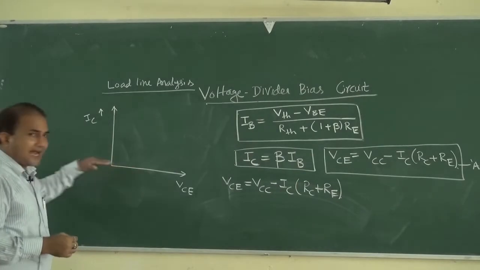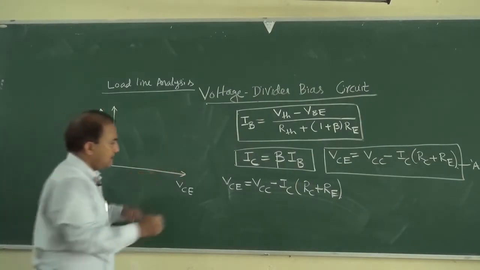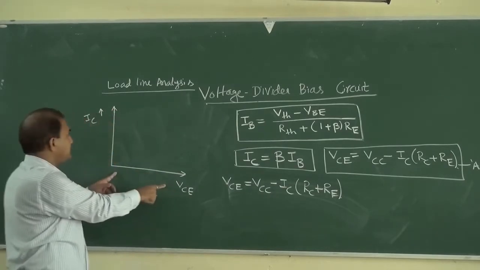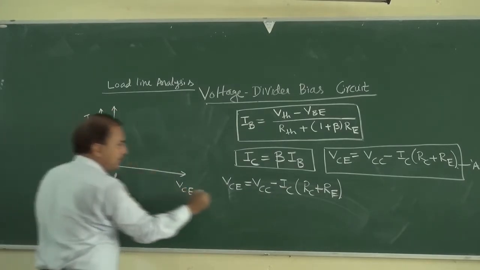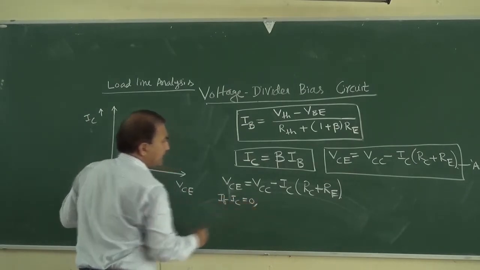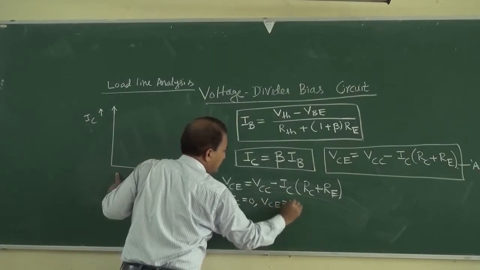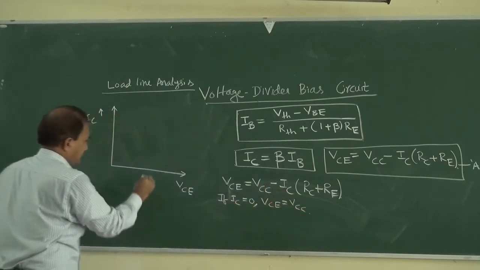Now in this VCE axis, IC is 0. So if IC is equal to 0, then VCE is equal to VCC.